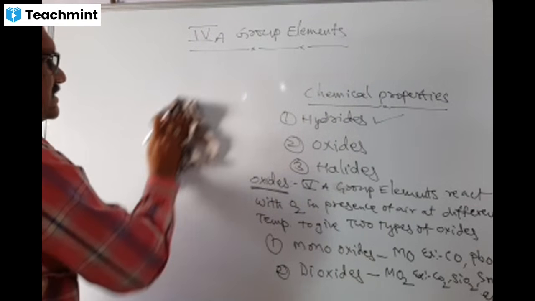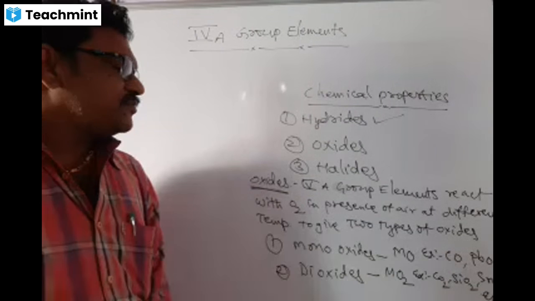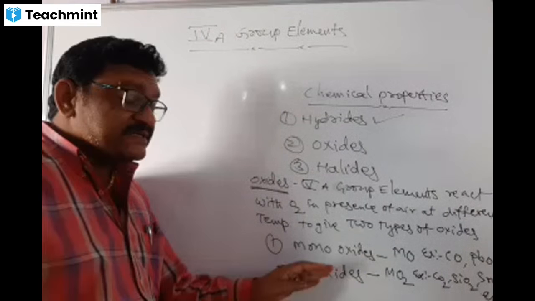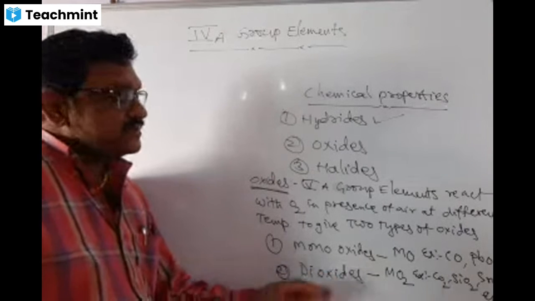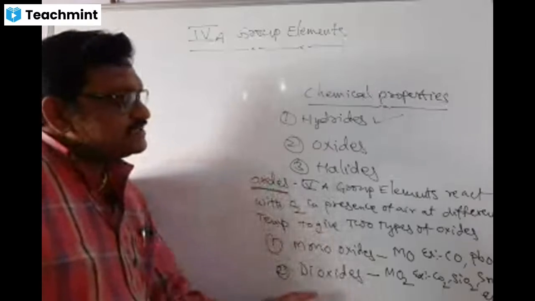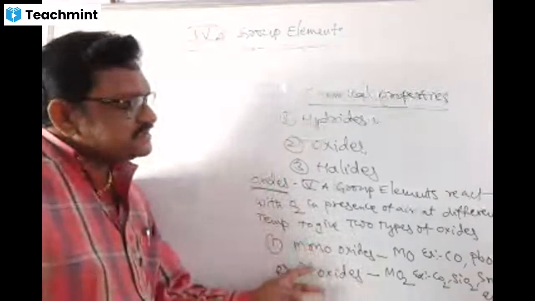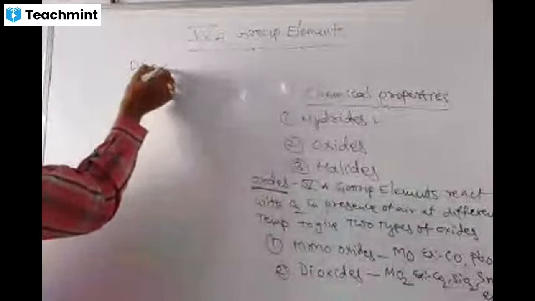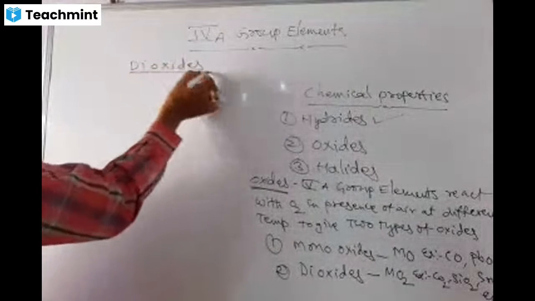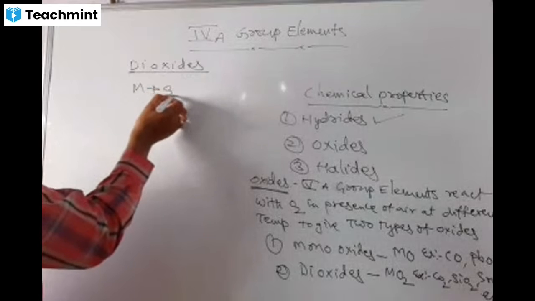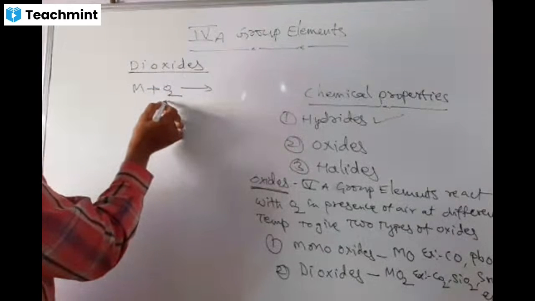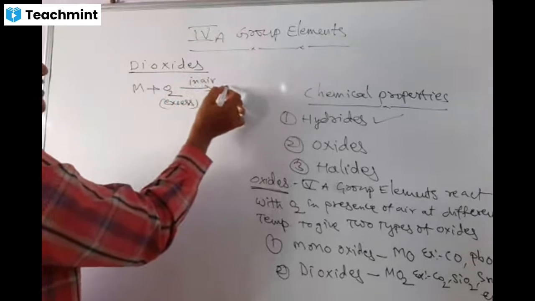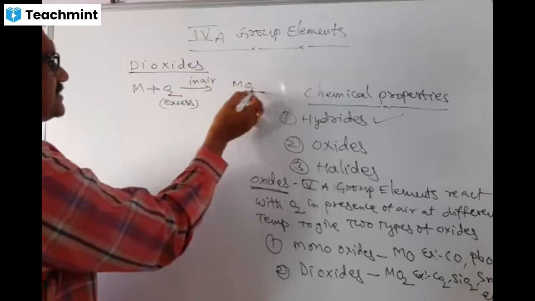In presence of limited oxygen, they form monoxides, but in presence of excess oxygen or excess air, they form dioxides.